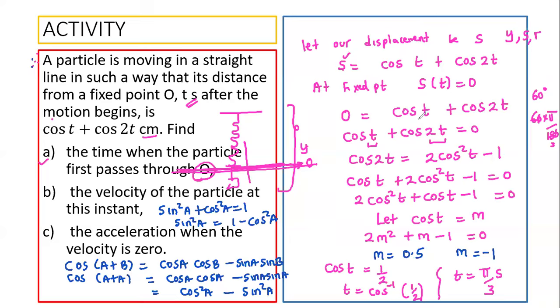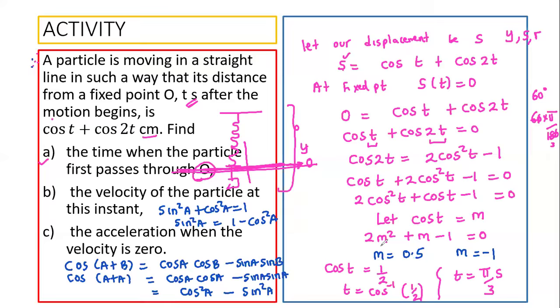Yes, Irene. Okay, sir, I would like to ask for more clarity on that last part, how we got the seconds. Have you been able to place cos inverse half? Yes, I got 60 degrees. Now 60 degrees is an angle, right?